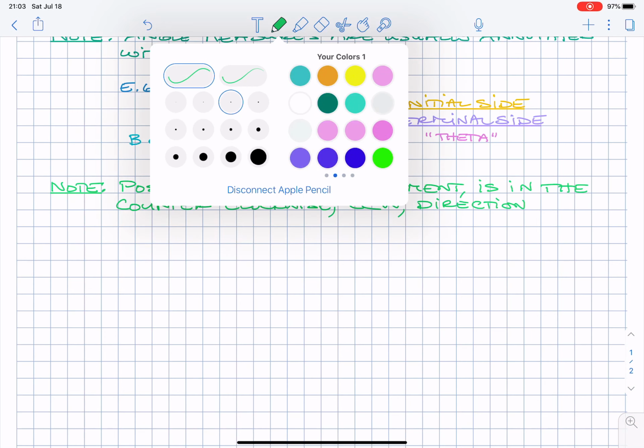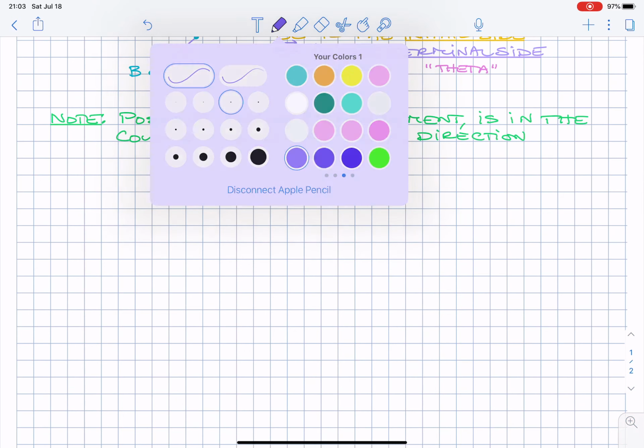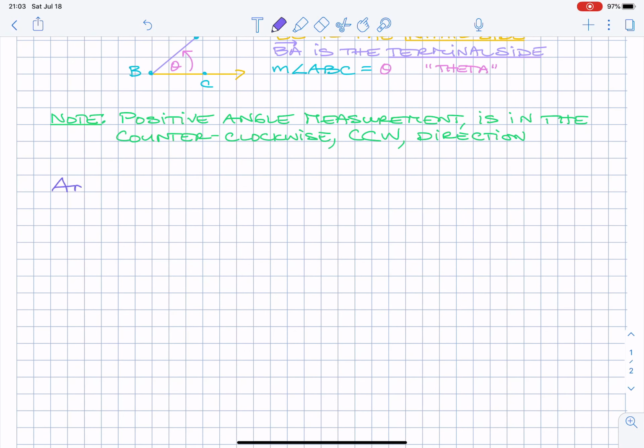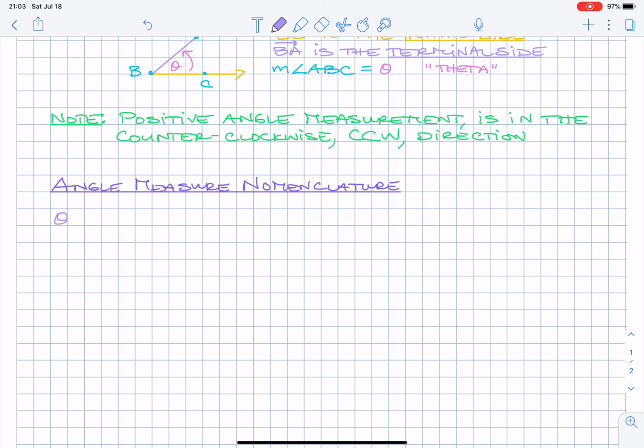Okay, so let's look at angle measure nomenclature. First, let's start off with angle theta being strictly less than 90 degrees.